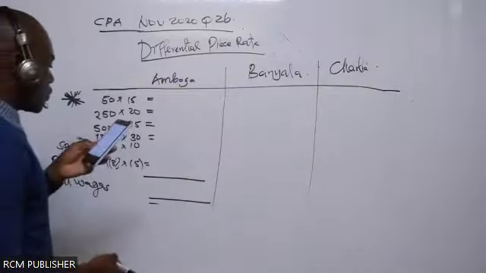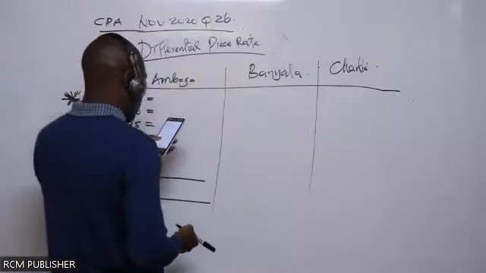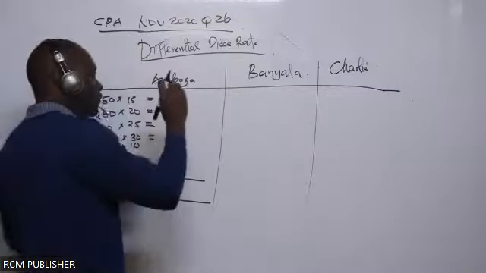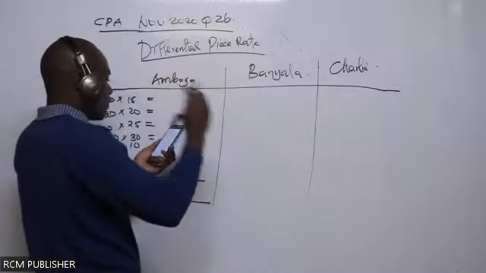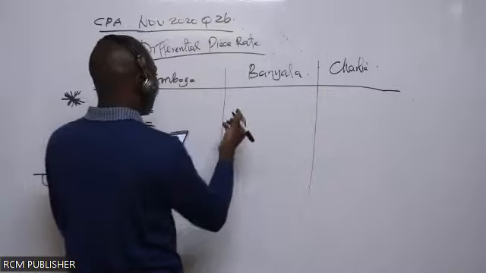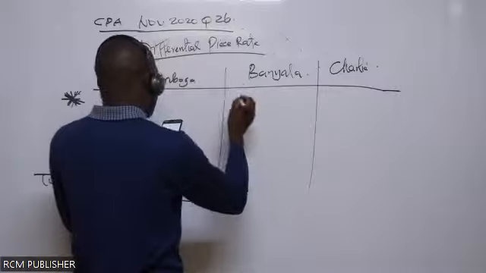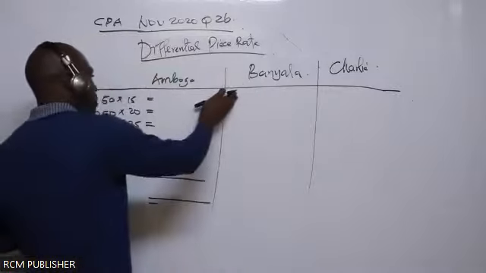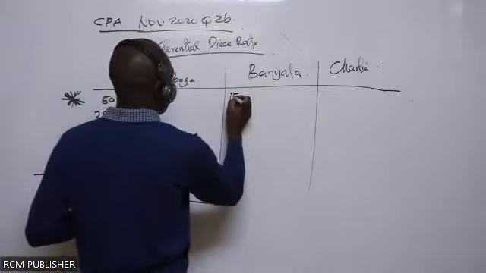Then when we now go to Banyala, we have 1,800. How many spoiled goods were there? 100. So the first batch of 250, I think you're able to see the scale. 1 to 250, they're going to be paid 15 shillings. But then Banyala is already having 100 spoiled. In the batch of the first 250, 100 are spoiled, which are supposed to be deducted from that batch, which means we are only going to take 150 in the first batch.